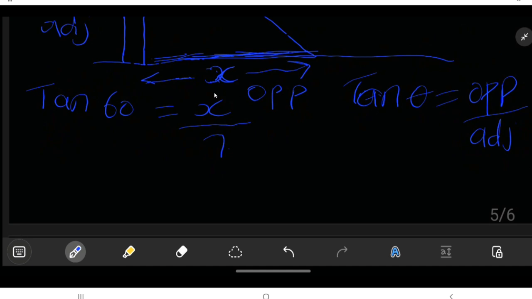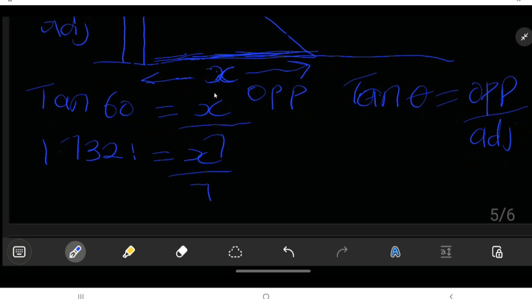Tan 60 is 1.7321, so 1.7321 equals x over 7.